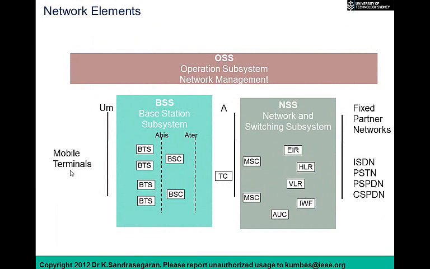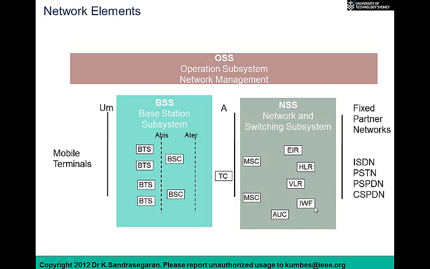In the base station subsystem, the two main elements are the BTS and the BSC. The interface between the BTS and the BSC is called the Abis interface, between the BSC and the transcoder (TC) is called the Ater interface, and between the transcoder and the MSC is referred to as the A interface.